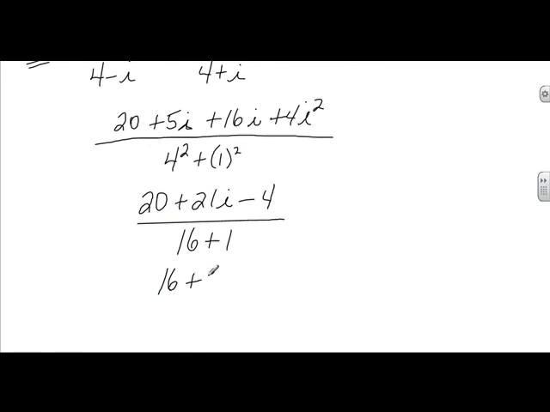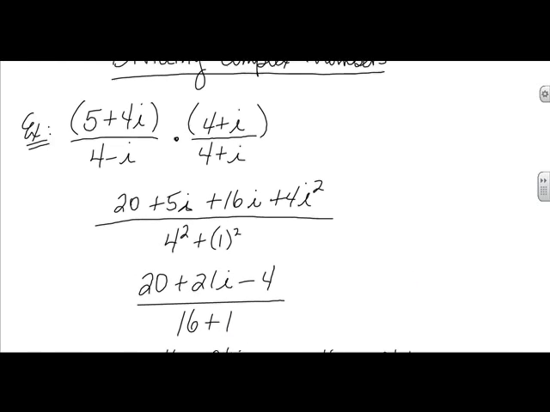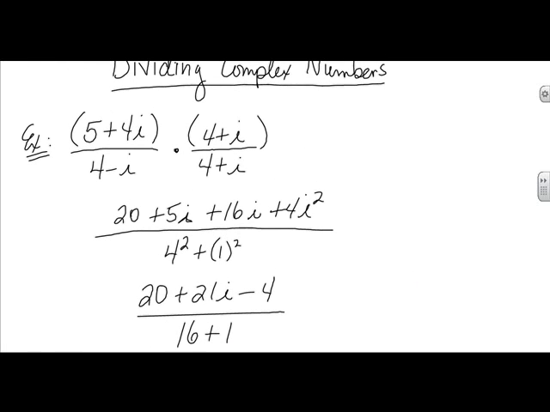So 16 plus 21i all divided by 17. Or if we're going to write that in standard form, where we have a real number part separate from the imaginary part, we'd have 16/17 plus 21/17 times i. So anytime you see a division problem involving complex numbers, think about multiplying by the conjugate of the denominator.